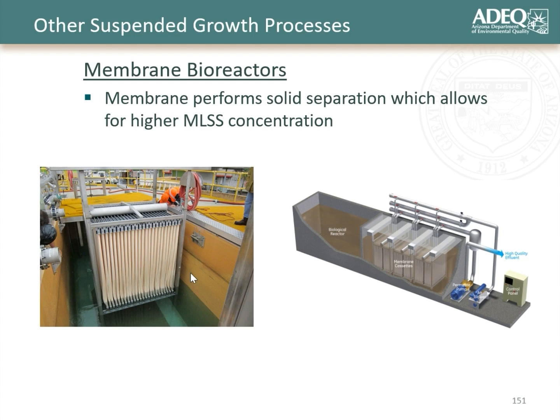This allows you to have a higher mixed liquor suspended solids concentration in your aeration basin, because settling is no longer a driver for the performance. That allows potentially more treatment per cubic foot of volume than in a conventional activated sludge system.